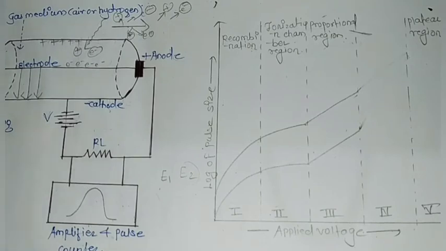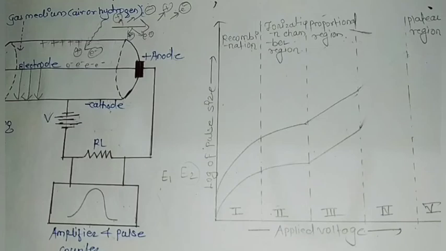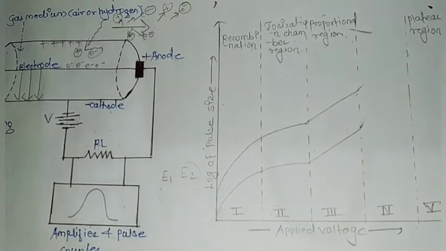So what is going to happen is that we will end up going to a region of limited proportionality.